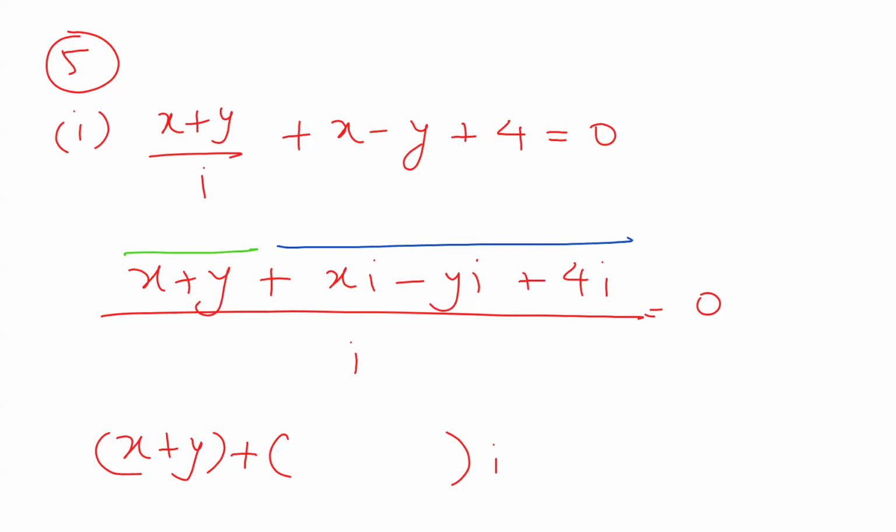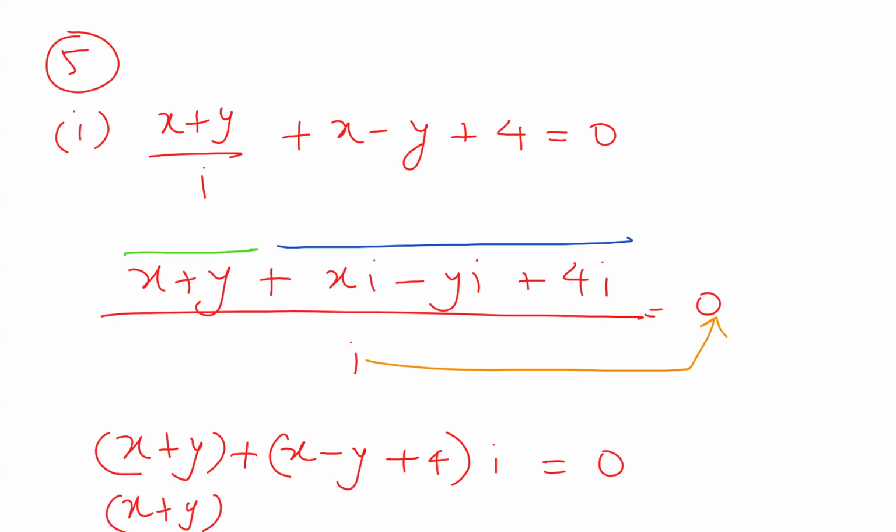So this is (x plus y) plus, always put a bracket and write i, (x minus y plus 4). This we are doing for the imaginary terms. At the same time, I'm sending this i to the right side, so i into 0 is 0. Okay, so (x plus y) plus i(x minus y plus 4) equal to 0. On the right hand side also write complex number format.